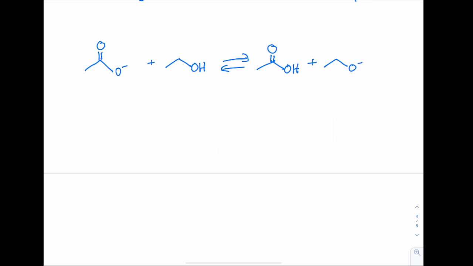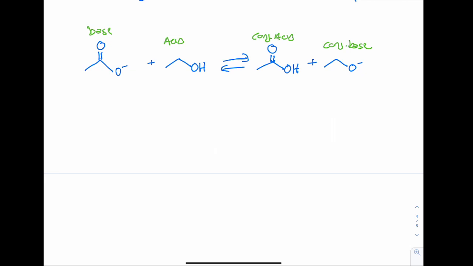So I guess before that, let's label acids and bases because it's good practice. So this is my acid, its conjugate base, my base, and its conjugate acid. Hopefully you guys are getting those, right?